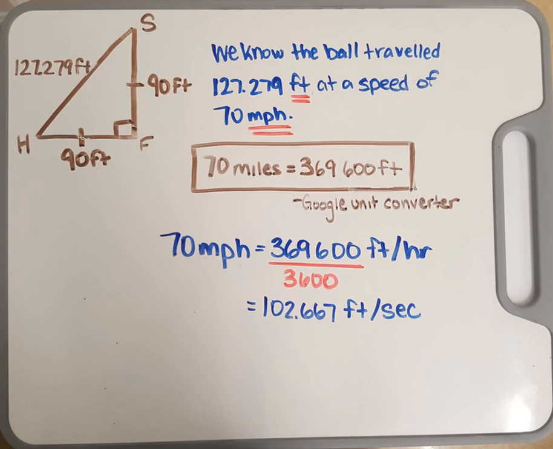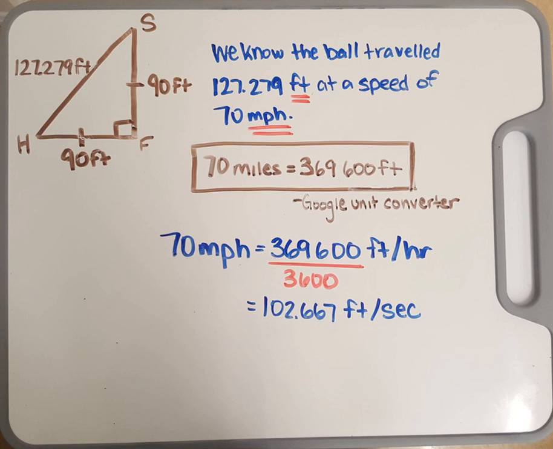The final answer for this question needed to be in seconds. So I took my speed in feet per hour and divided it by 3,600 to get feet per second. I divided by 3,600 because there are 3,600 seconds in an hour. I know that because in an hour there are 60 minutes, and in each minute there are 60 seconds.